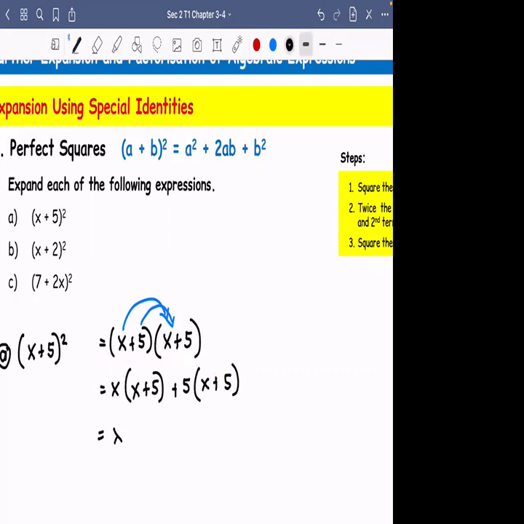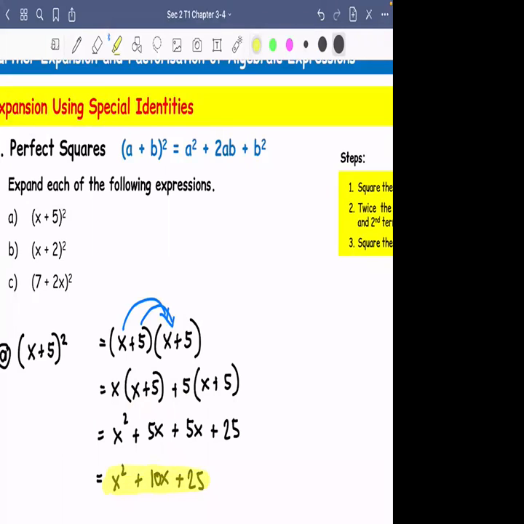This one becomes x squared plus 5x, and then plus 5x plus 25, right? So this is what happened when you expand this. And then what's your final answer here? It's x squared plus 10x plus 25, which is correct.